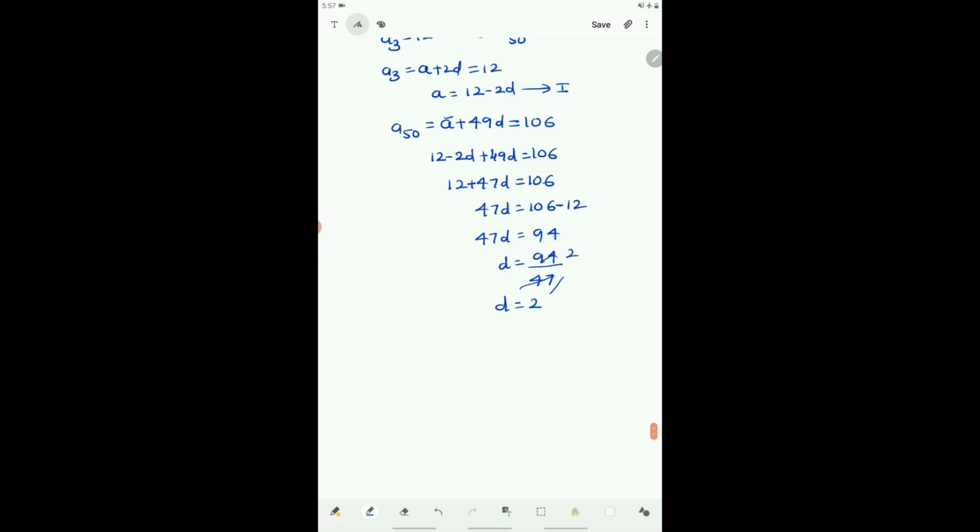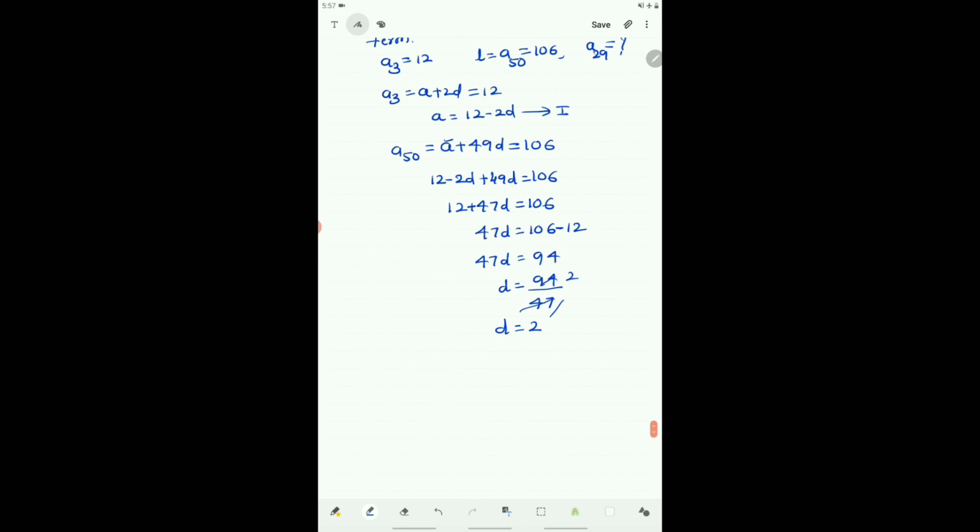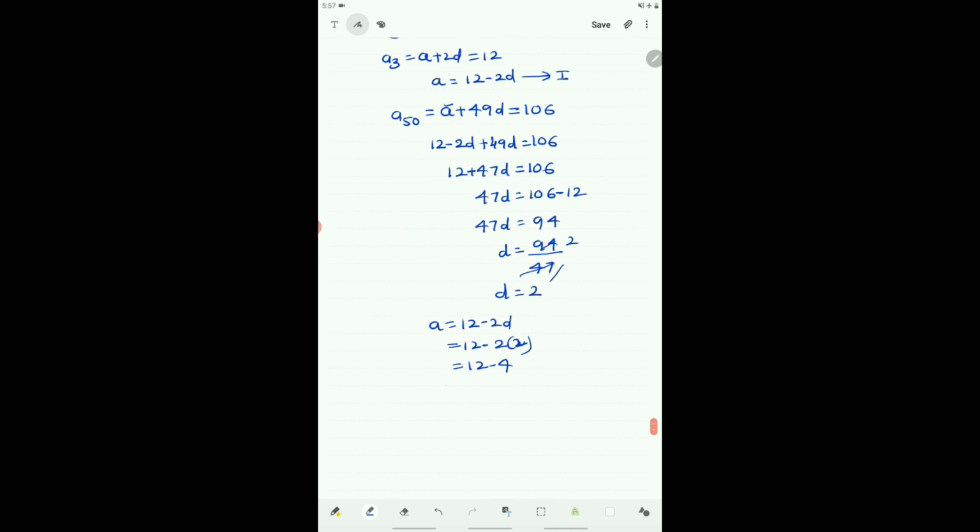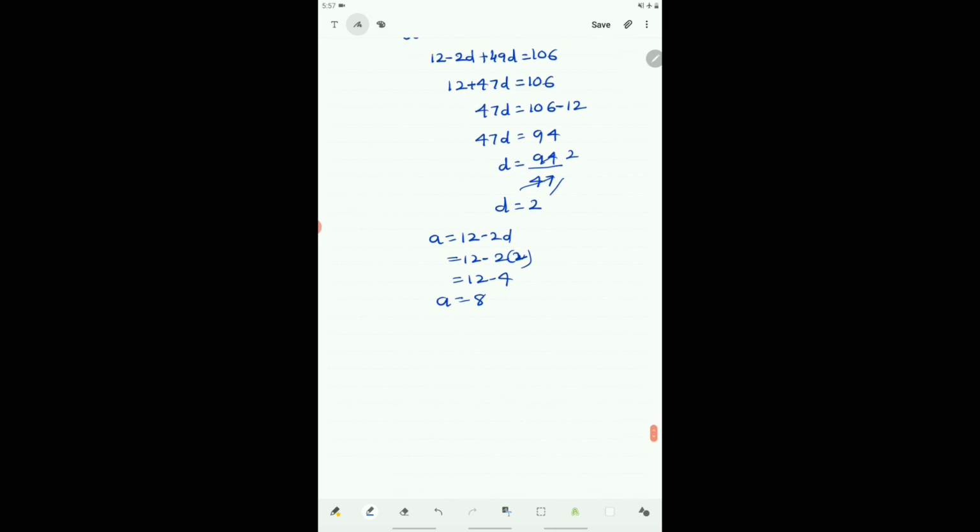So you got the value of D is 2. Then A is equals to 12 minus 2D, that is 12 minus 2 into 2, then 12 minus 4 it is 8. You got A is equals to 8.